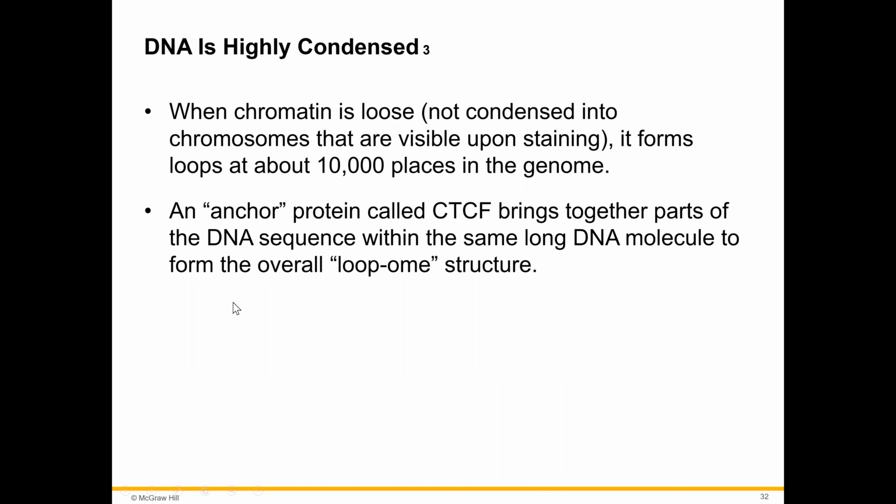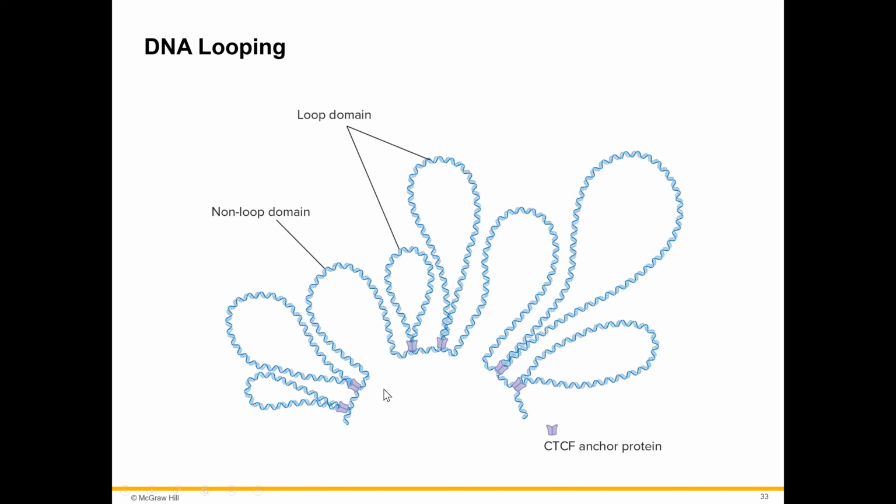The anchor protein, called CTCF, brings together parts of the DNA sequence within the same long DNA molecule to form the overall loopy structure. So chromatin forms loops. So look at this picture. What do we have over here?